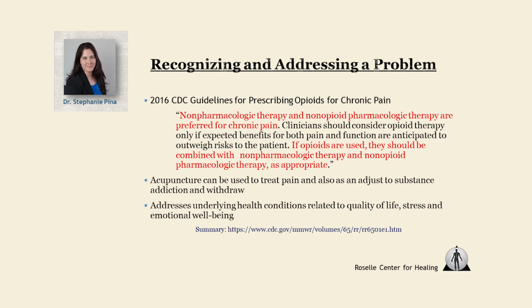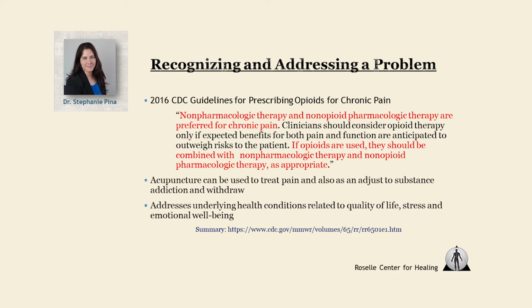So these guidelines came out at a perfect time, and the number one recommendation that they made was for physicians to start with non-pharmaceutical therapies and non-opioid pharmacological therapies as the preferred option for chronic pain. This is a great sign for things like alternative medicines because this is where we fall, and essentially acupuncture is one of those therapies.